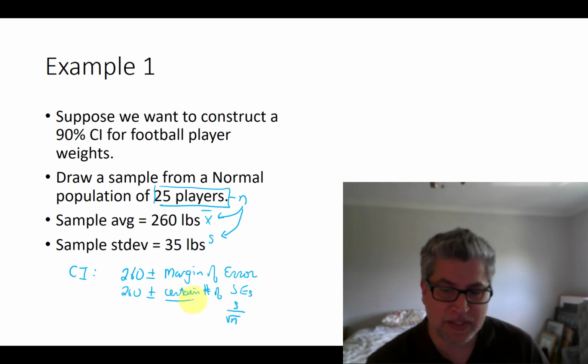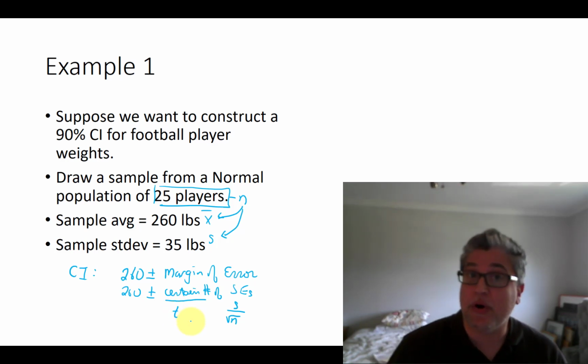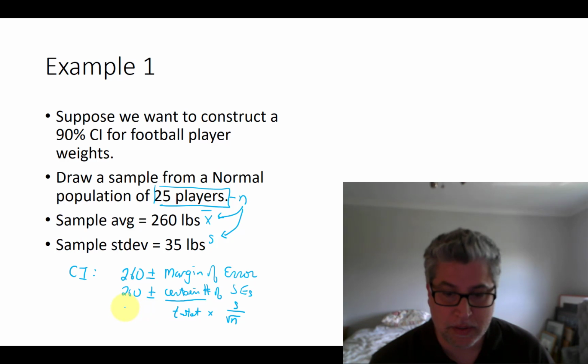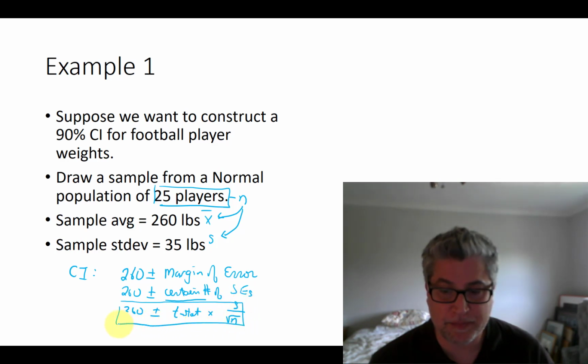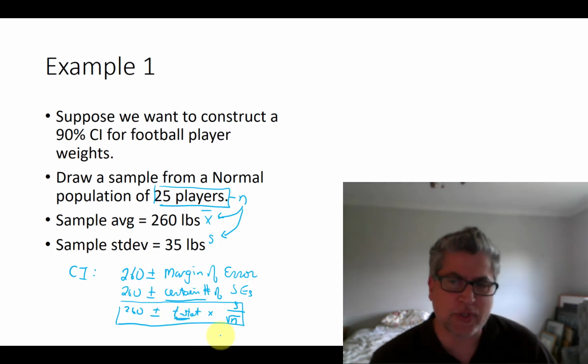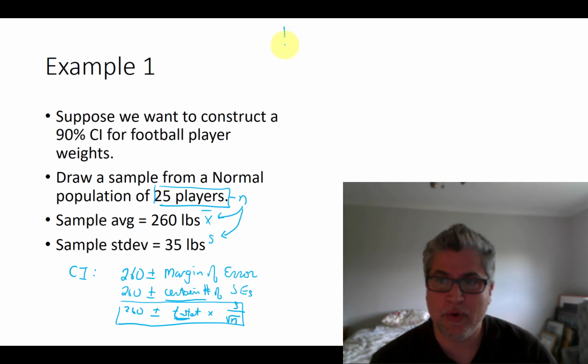And now we need to figure out what is this certain number. And that's going to be, rather than z upper and z lower, rather than being a z statistic, it's going to be a t. So this is how we would construct our confidence interval. I know S, I know N. The part that I don't know is this T. But conceptually, it's the same exact thing as before. We've got some distribution. It just happens to be a T now.